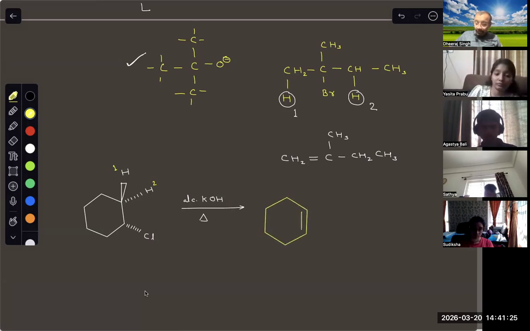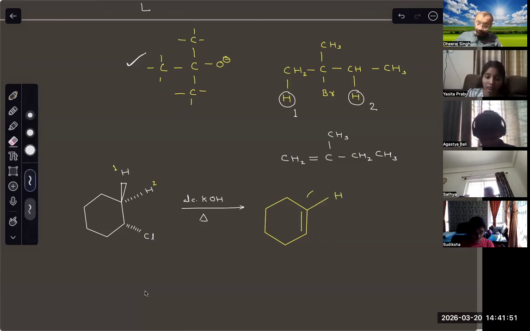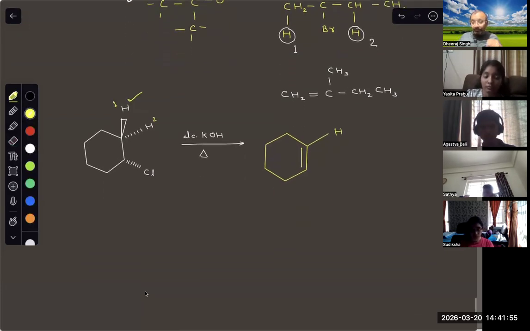So the alkene will get formed. The chlorine is gone. Since it is sp2 hybridized, you don't need to draw wedge and dash. You can say that it comes in the same plane. This is the hydrogen, but what is gone is this one.